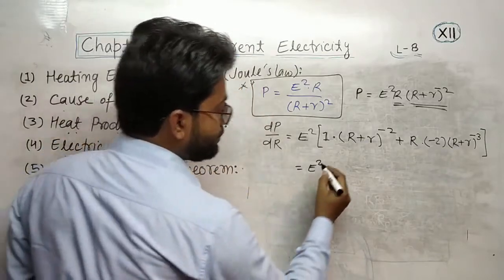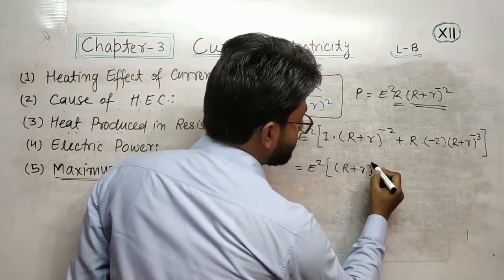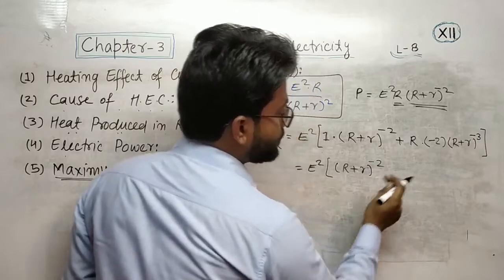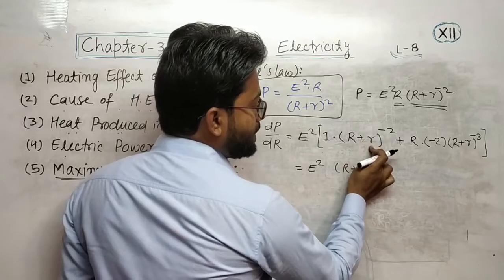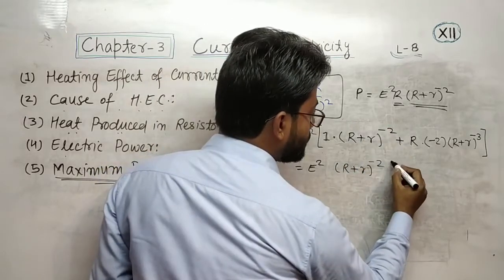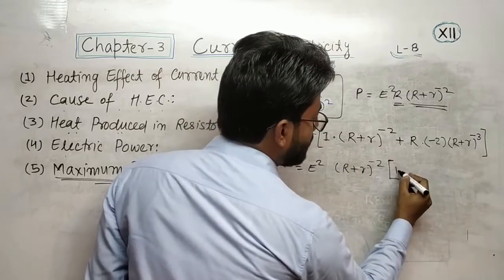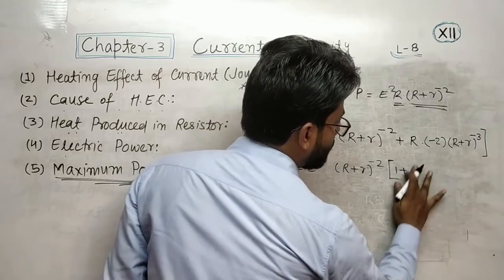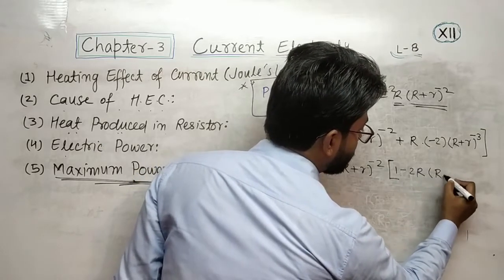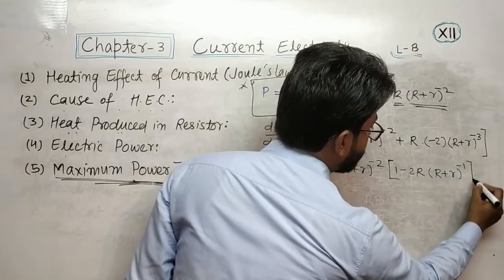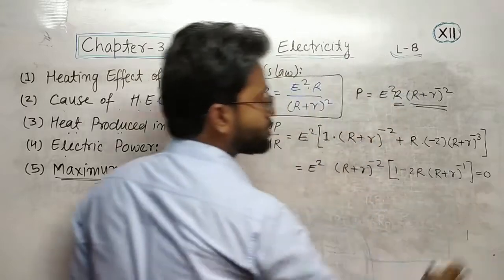E square, this is (R plus r) to the power minus 2, you can take common, and there will be equals to 1 minus 2R into (R plus r) to the power minus 1, and we need to set that equal to 0.